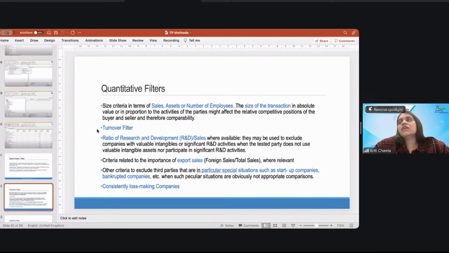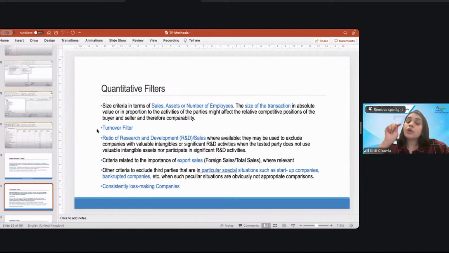Then there is another type of filter that we use, which is called consistently loss-making companies. If you have a comparable company which has made losses in 3 years, then you wouldn't want to compare it to your taxpayer, because your taxpayer is a profit-making entity. So you will exclude that kind of company also.